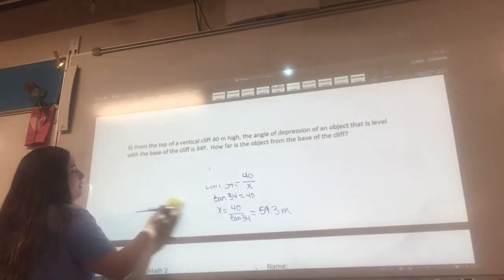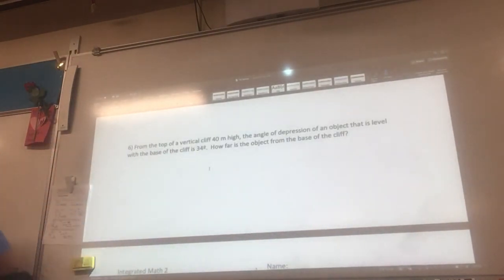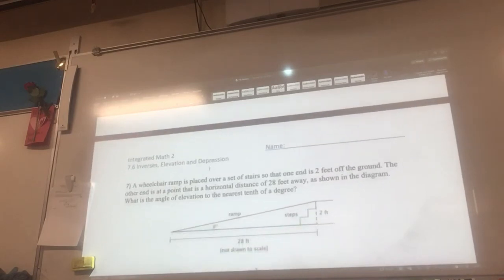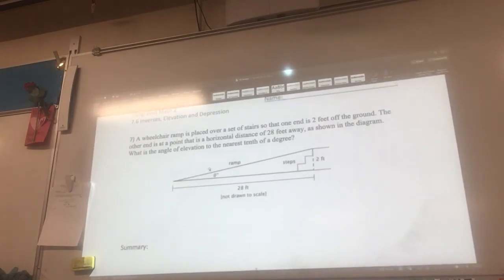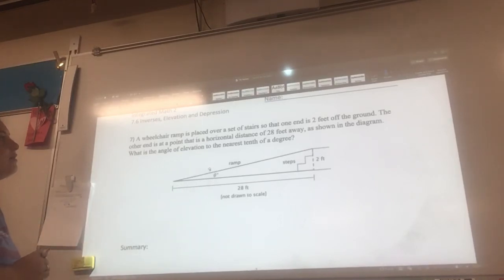One more lovely problem, and then we are done for this unit. How awesome is that? Okay. So our last one: a wheelchair ramp is placed over a set of stairs, as you can see from the picture, so that one end is 2 feet off the ground.